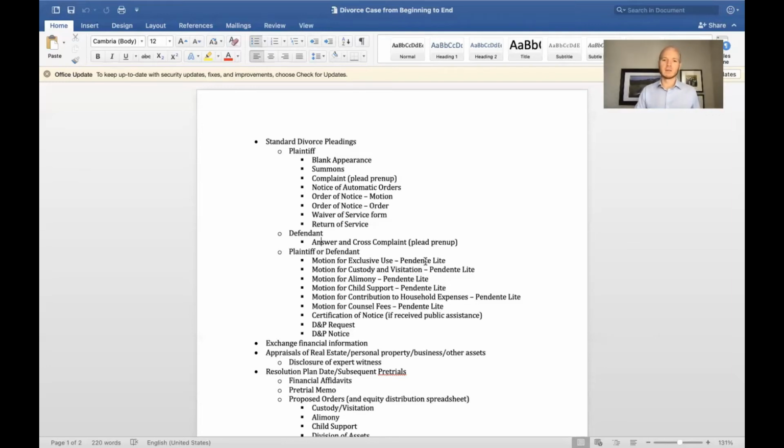Now, for custody, there's legal custody and then there's physical custody. So legal custody is just things like who's going to make decisions about where the kids go to school, where they go to the doctor, stuff like that. Legal custody is almost always joint, where the parents are making decisions together about these major issues.